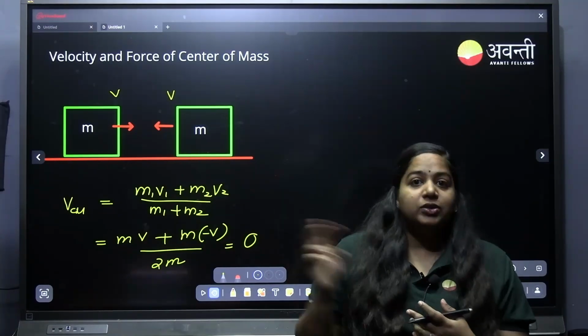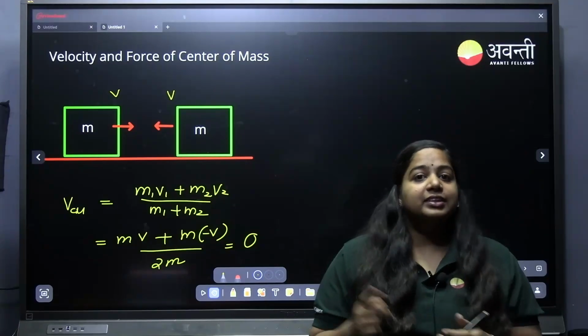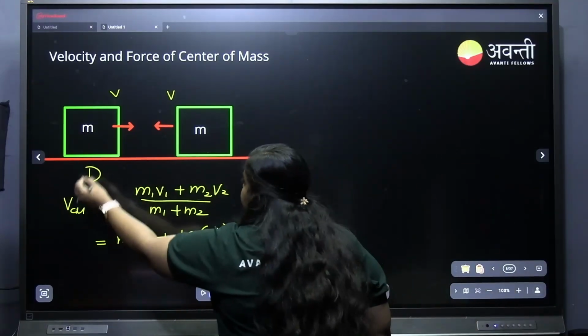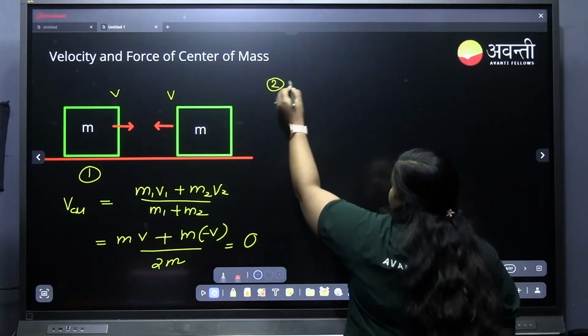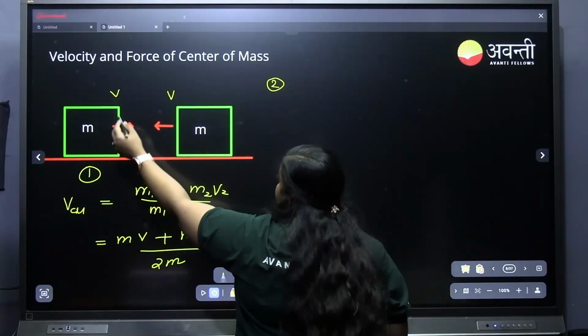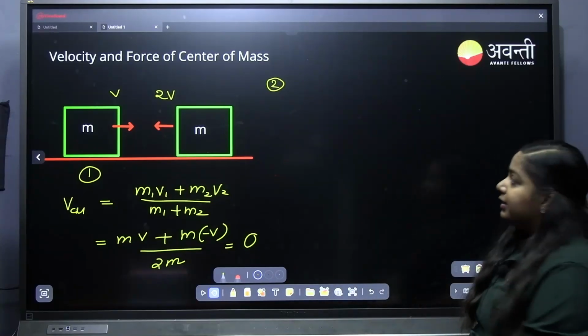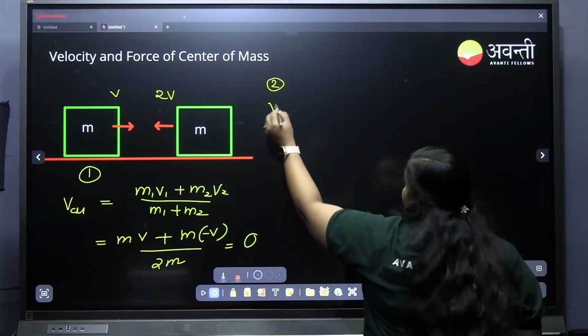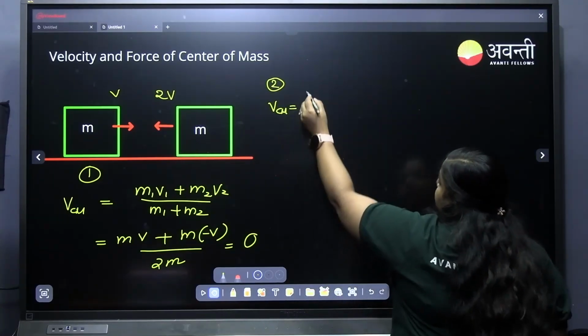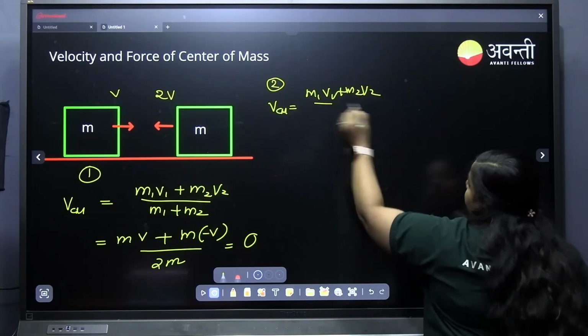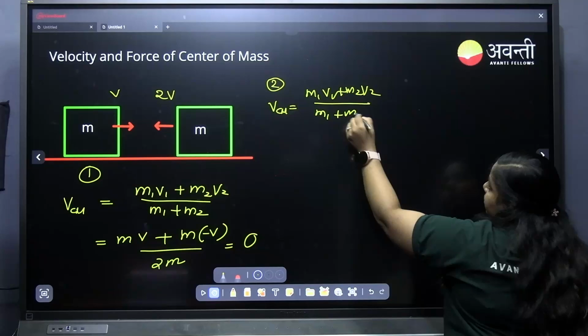Now, if the velocities are different, let's say this is case 1. In case 2, velocity of m is v, and the other has 2v. In this case, velocity of center of mass is m1 v1 plus m2 v2 divided by m1 plus m2.